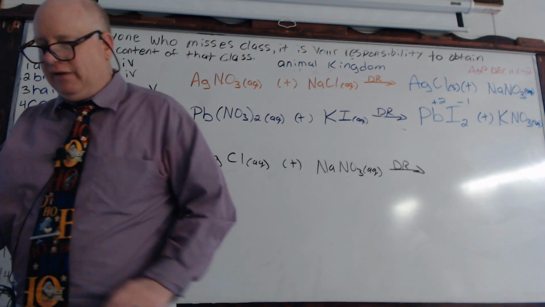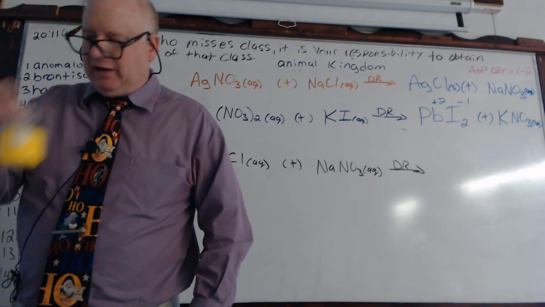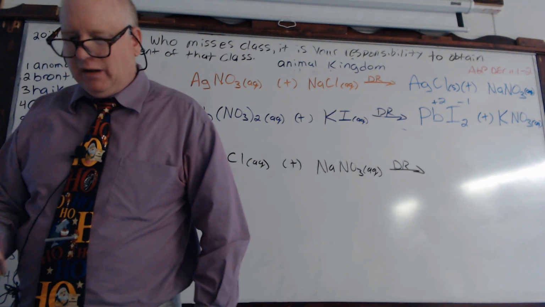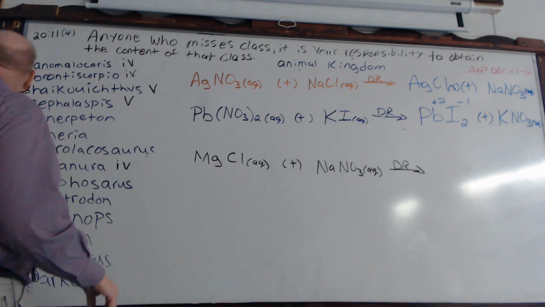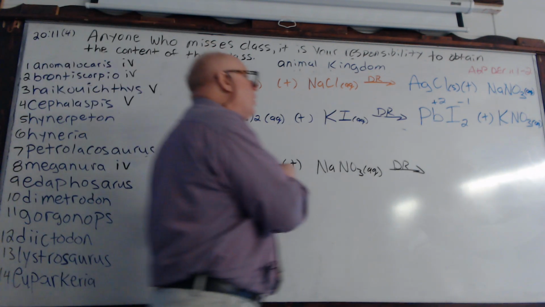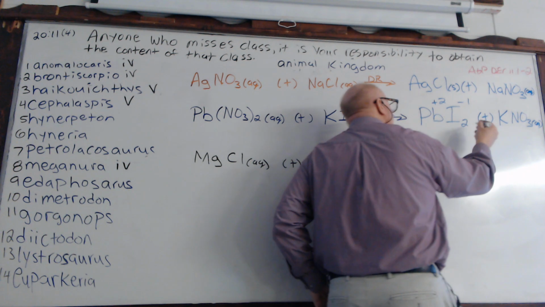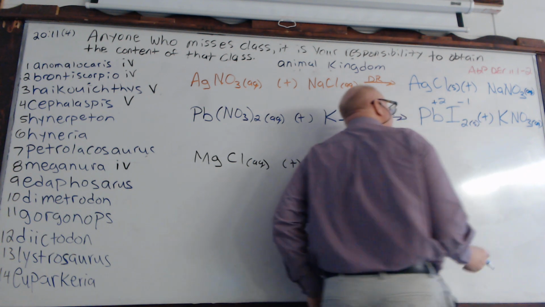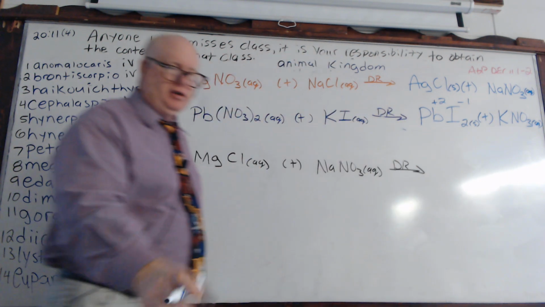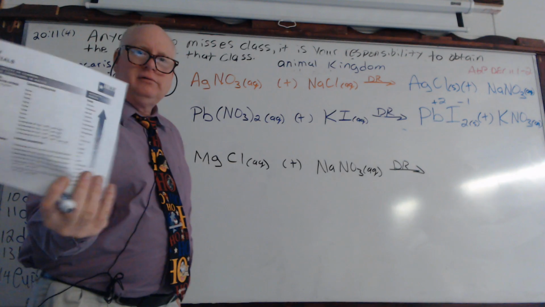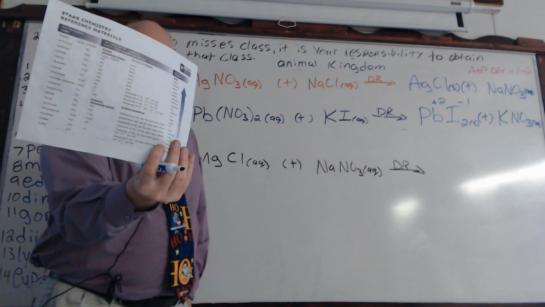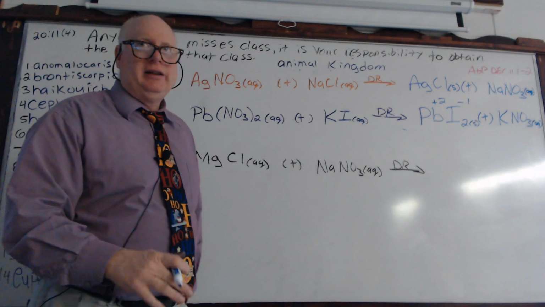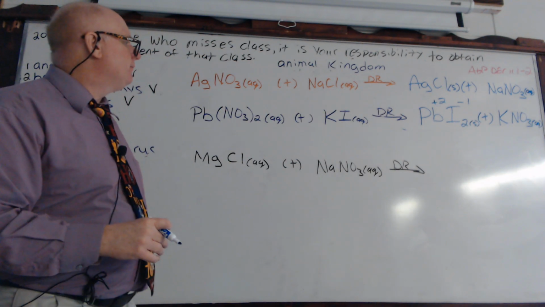So we'll just leave this set here, and then we will go ahead and proceed. So now, to finish this, what are we putting here? Solid, because it had precipitated out according to your chart here. It should say, and it does, that this will precipitate out because lead iodide is insoluble. Okay.